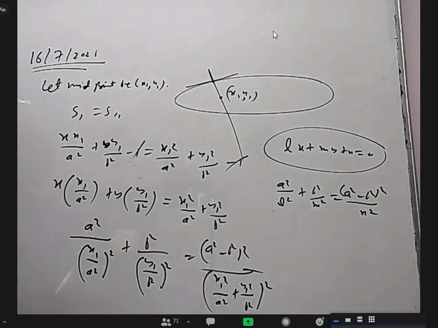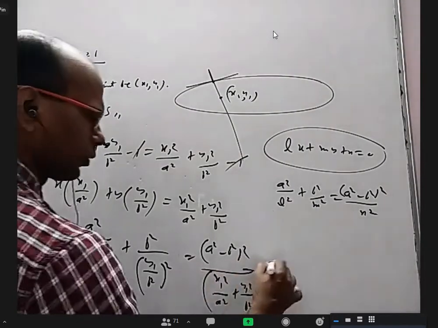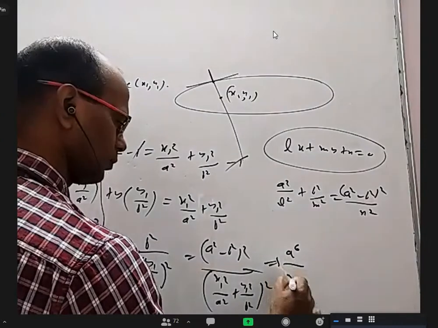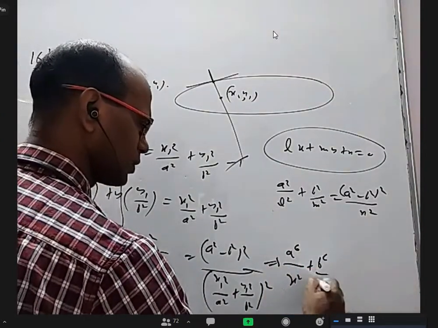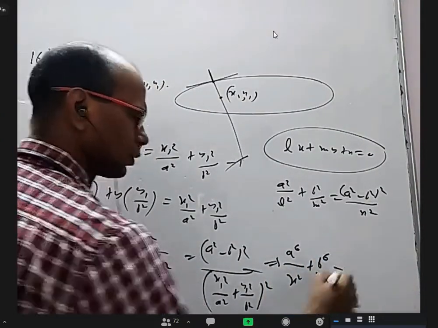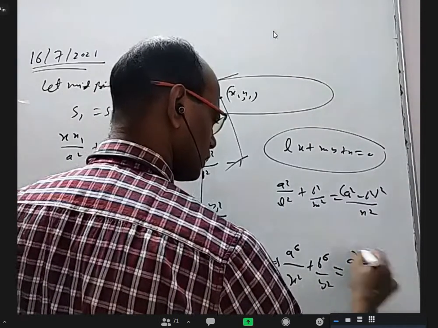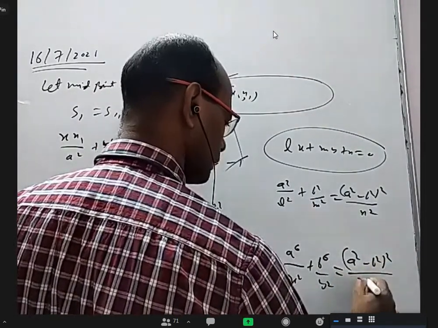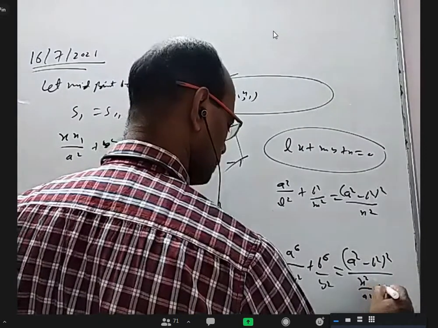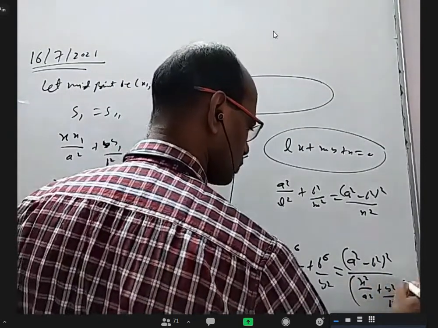This will go up and we will get a power 6 by x square, b power 6 by y square equal to a square minus b square whole square by x square by a square plus y square by b square whole square.